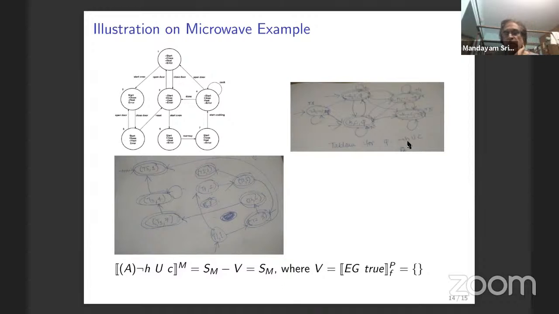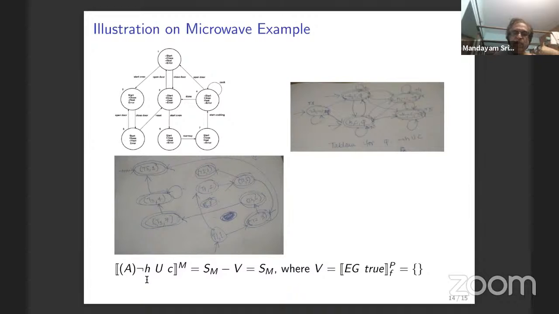So if you want to check those states in which not H until C is true, you will end up getting empty, because SM minus V will include everything, and SM minus V will be empty.